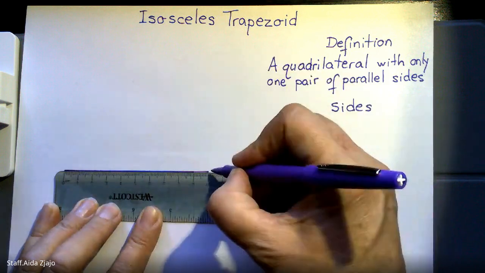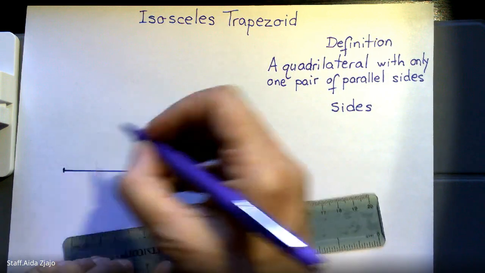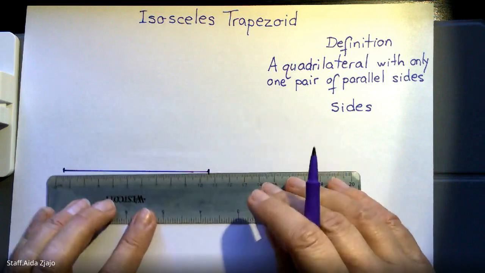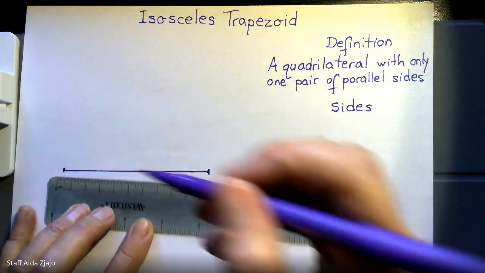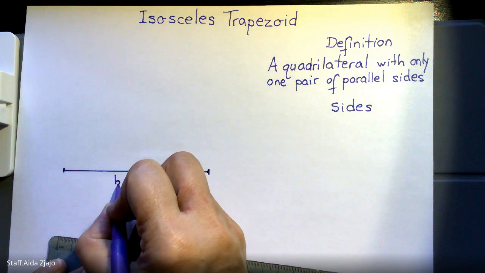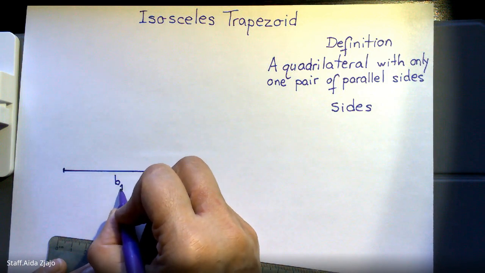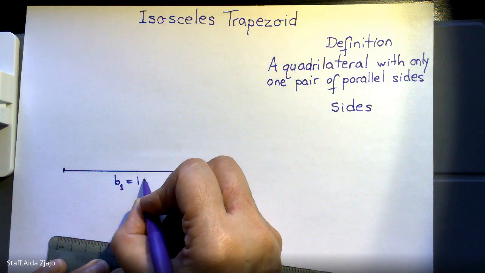So here's the 10 centimeters, one leg or one side of the trapezoid. Okay. And we can label it as B1, or base 1, is equal to 10 centimeters.